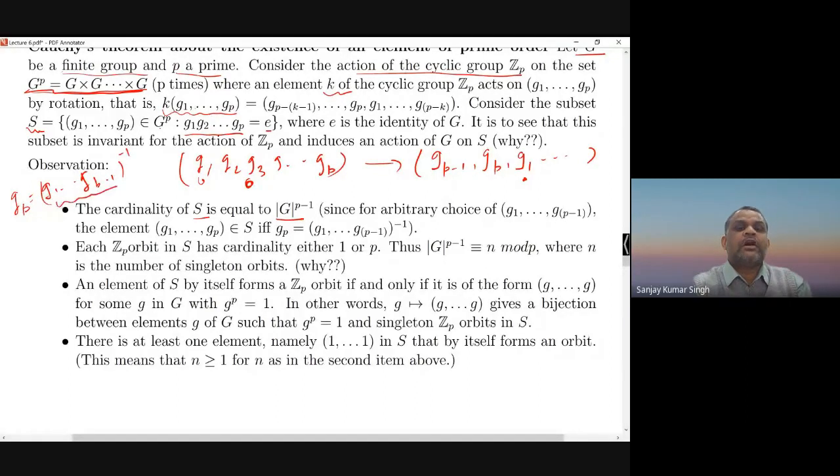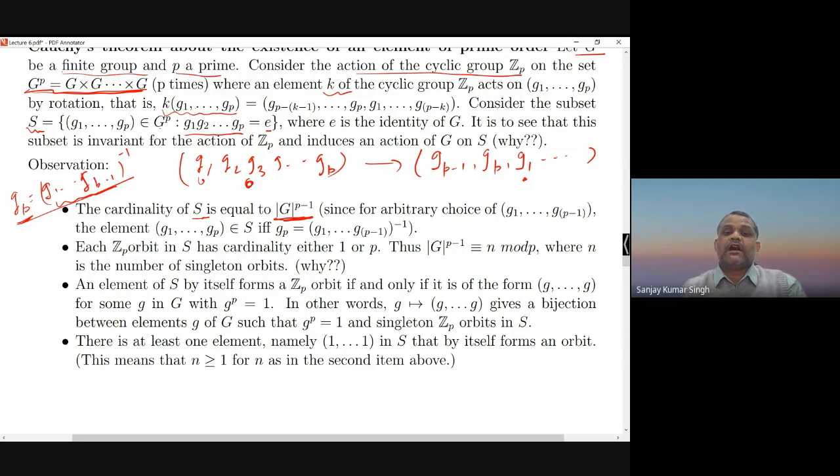So if I choose g1, g2, up to g_{p-1} arbitrary values and define g_p to be this, then of course this is an element of S, and any element is also of this type. So the cardinality of S is exactly |G|^(p-1).